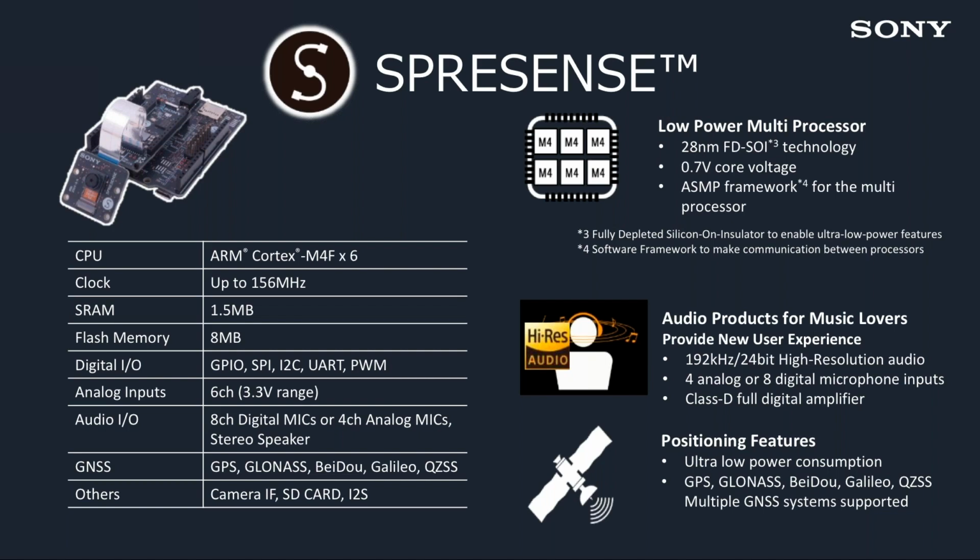By the end of this presentation, you will get an idea of how to build the Edge AI application on Spresense. One of the highlights of Spresense that can support that idea is these 6 cores that we have. So you can do a lot of processing on the board and then less communication with the cloud, so it's going to be less expensive. Also, because of low power, you can build your application, leave it somewhere that doesn't have any access to power, and it does the processing for you.